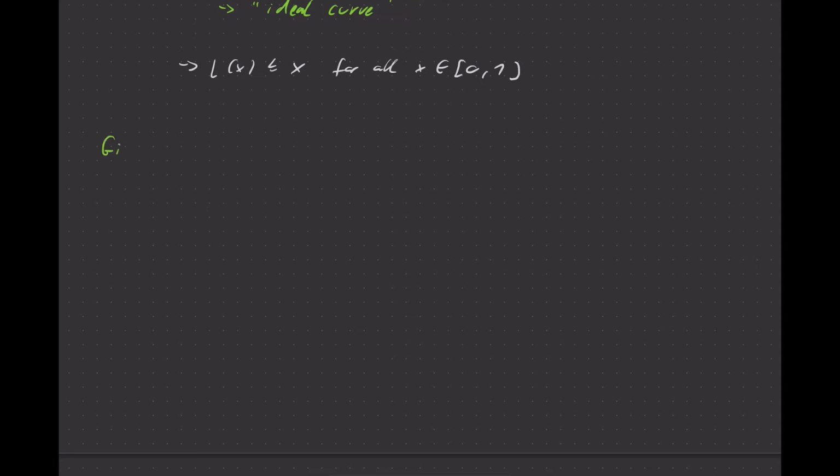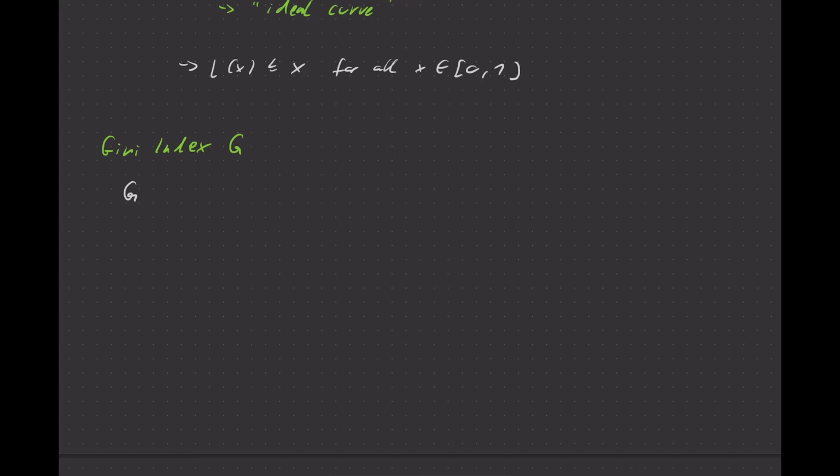So let's get to the Gini index. That's denoted by G. And G is defined as the fraction of the area between the ideal curve and the real Lorenz curve to the area between the ideal curve and the x-axis.